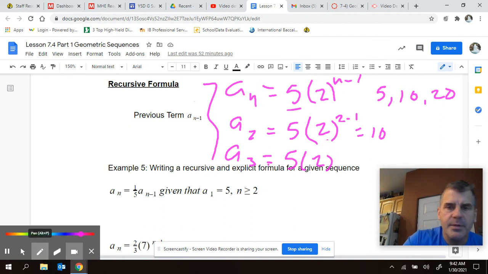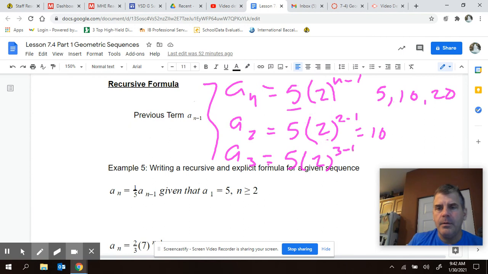Won't skip any steps. Think about this. If n is 3, it's going to be 5 times 2 to the second power. Well, 2 to the second power is 4. 4 times 5 is 20. We're generating the sequence using this explicit formula.